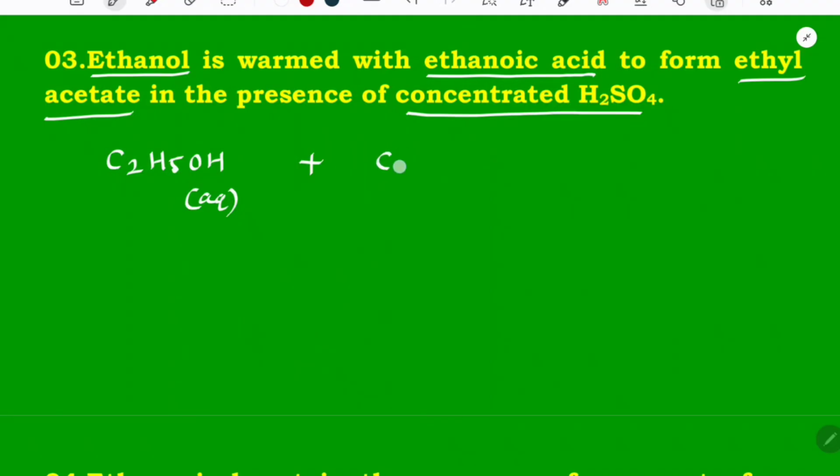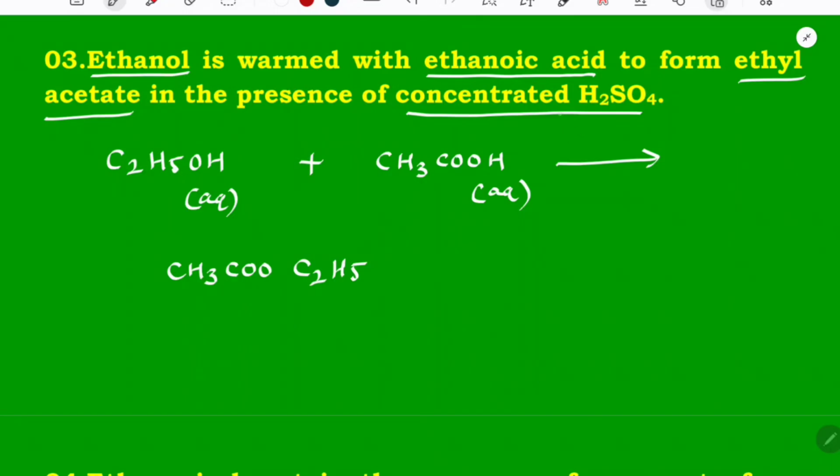CH3COOH. Both are aqueous, dilute solutions, to form ethyl acetate, CH3COOC2H5.